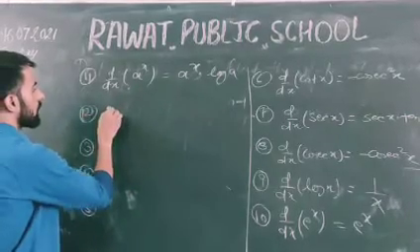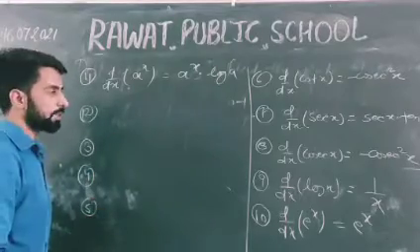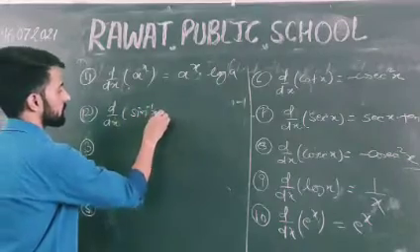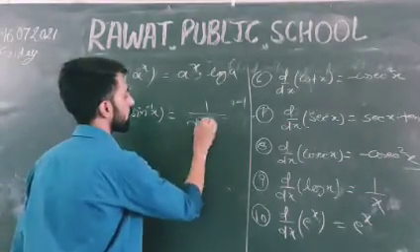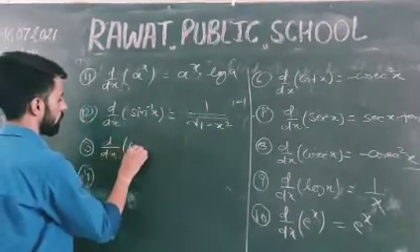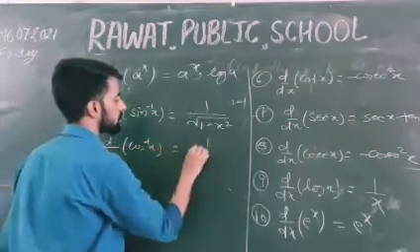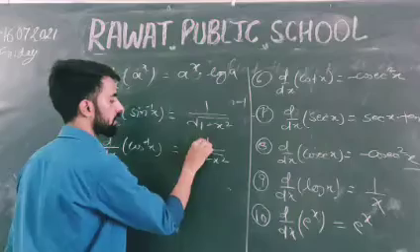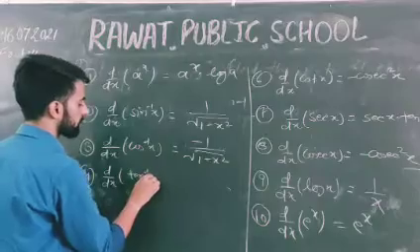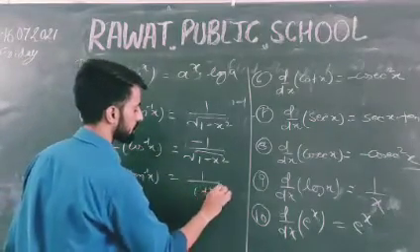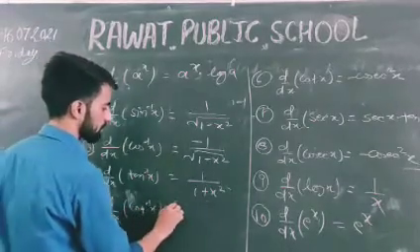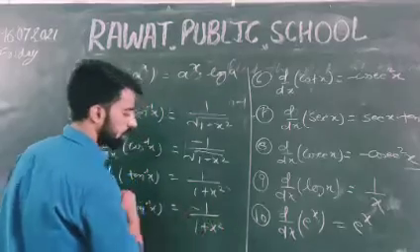After the exponential, let's move to the inverse trigonometry. The first inverse trigonometric function is sine inverse x. This gives us 1 upon root 1 minus x squared. We have cos inverse x, which will give us the same change but with a negative sign. The differentiation of tan inverse x is 1 upon 1 plus x squared, and the differentiation of cot inverse x is also the same but with a negative sign.